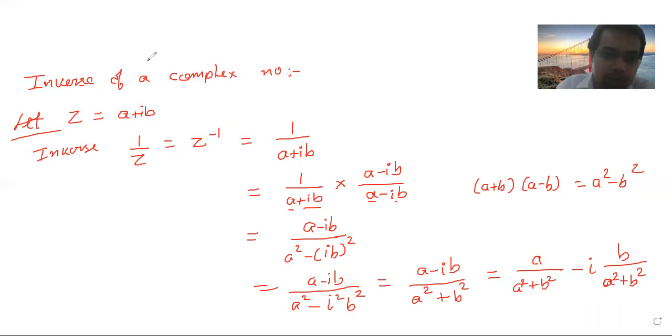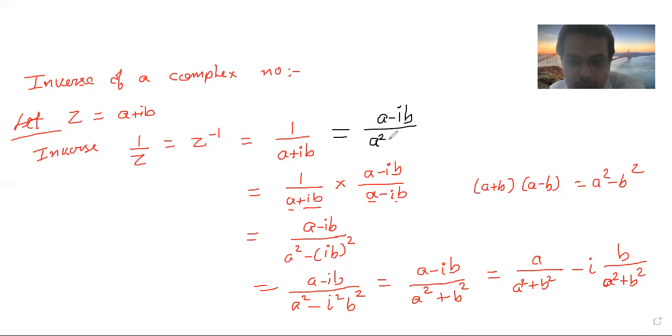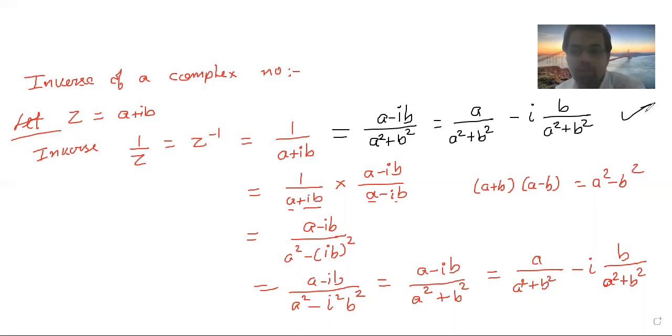It means that z inverse can be represented as a minus ib by a square plus b square, and that is equal to a by a square plus b square minus i b by a square plus b square. So this is the format of the inverse. Note down.